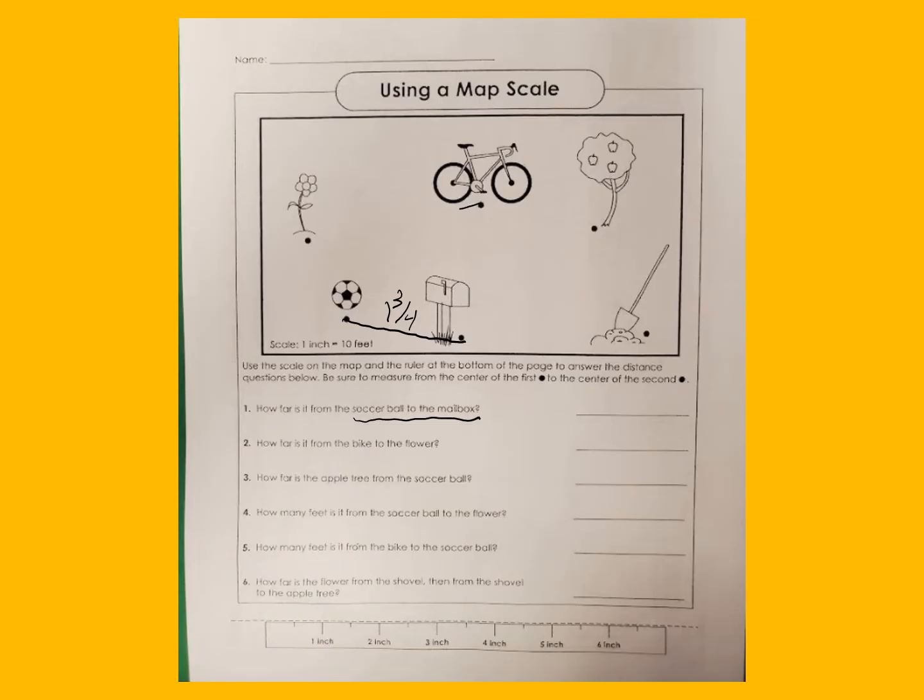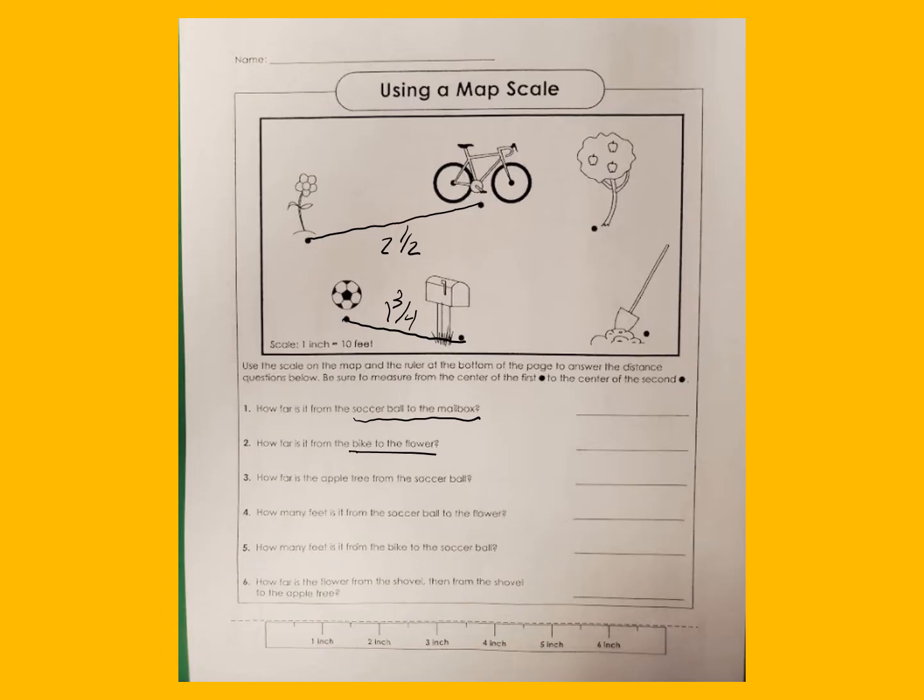So this bike to this flower is 2.5 inches, okay? Now I'm going to let you pause the video and finish it, and when you're ready, we'll come back and check our work, okay? So go ahead and pause the video, measure the remaining 4 measurements, and we'll come back and make our conversions.